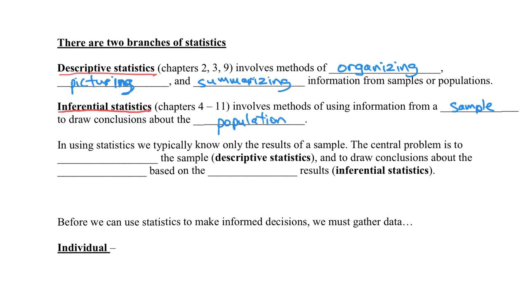Okay, so in using statistics, we typically know only the results of a sample. The central problem is to describe the sample, which is that descriptive statistics we just talked about, and to draw conclusions about the population based on the sample results.